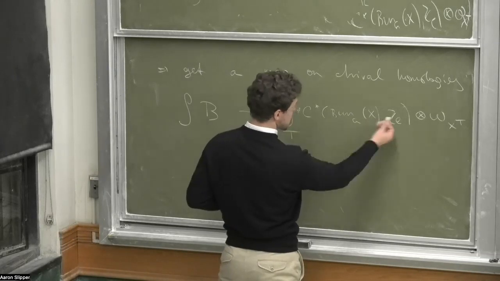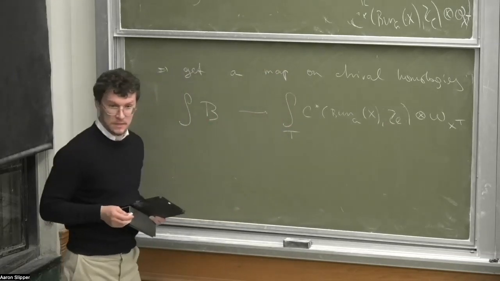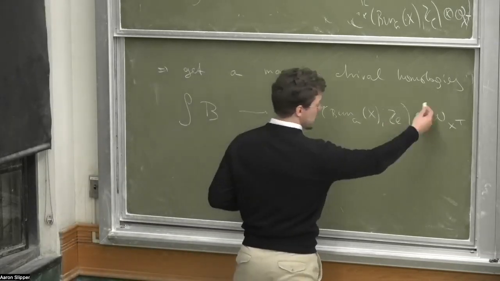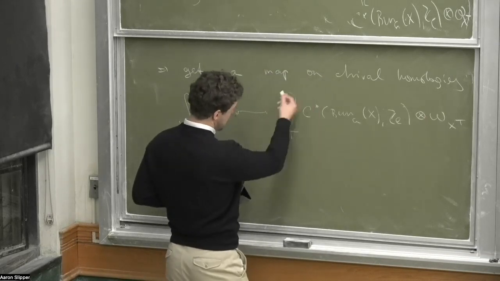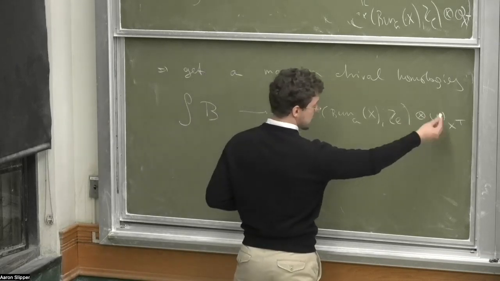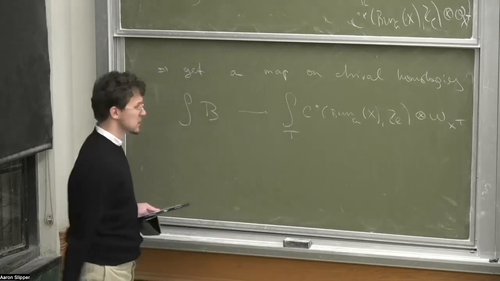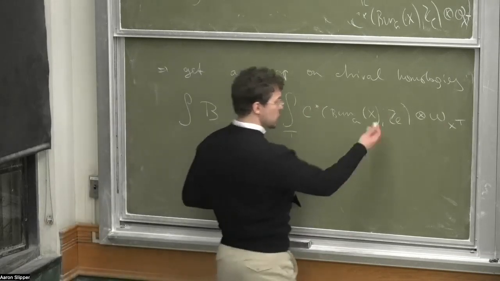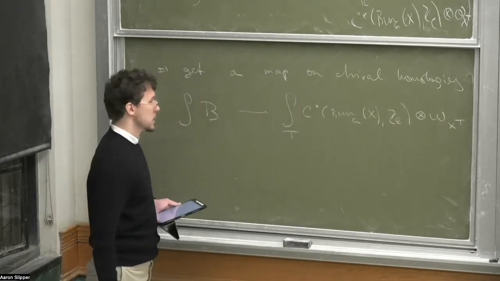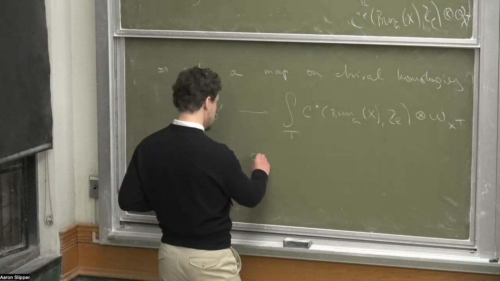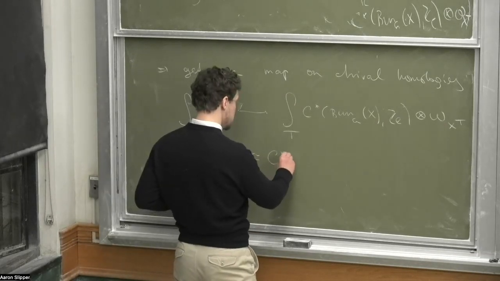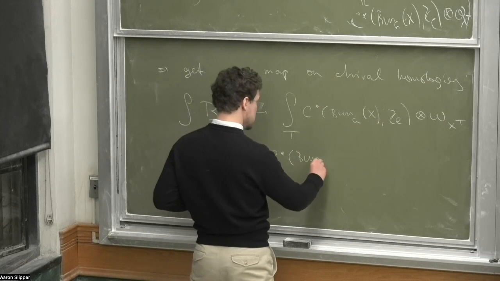Now, so this is just constant in T. It doesn't depend, right? That's what this does. But the chiral homology is determined by a colimit, and the tensor products commute with colimits in each variable. So we can just pull it out like this.